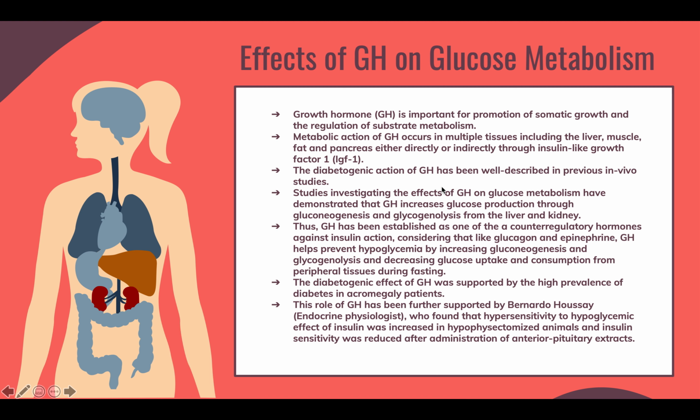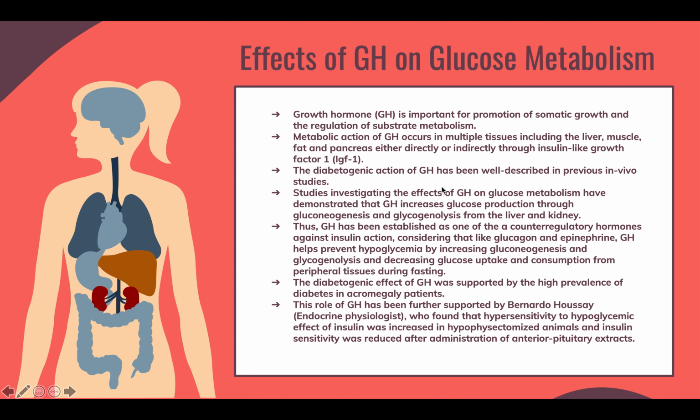Studies investigating the effects of growth hormone on glucose metabolism have demonstrated that growth hormone increases glucose production through gluconeogenesis and glycogenolysis from the liver and kidney.